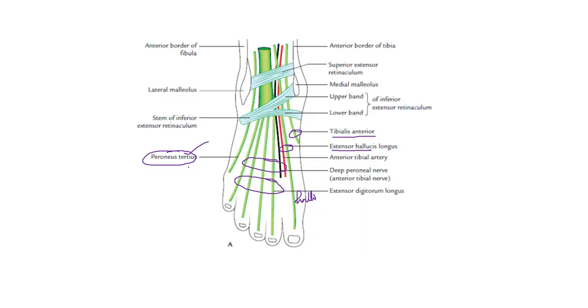What you have to remember is that peroneus tertius comes to lie in the anterior compartment. So all these four muscles are supplied by the deep peroneal nerve.